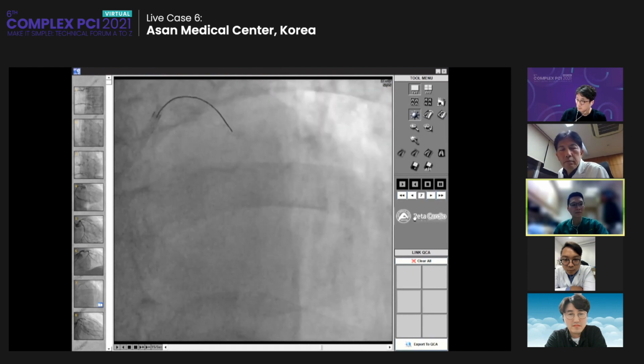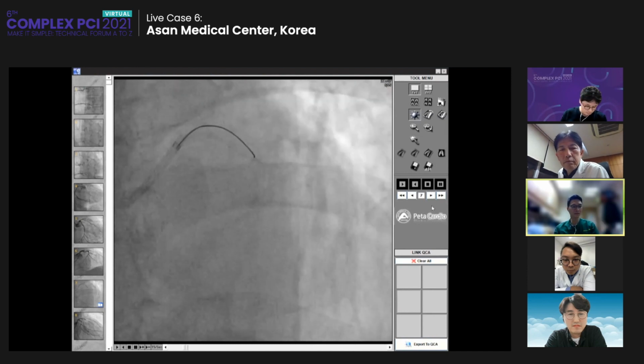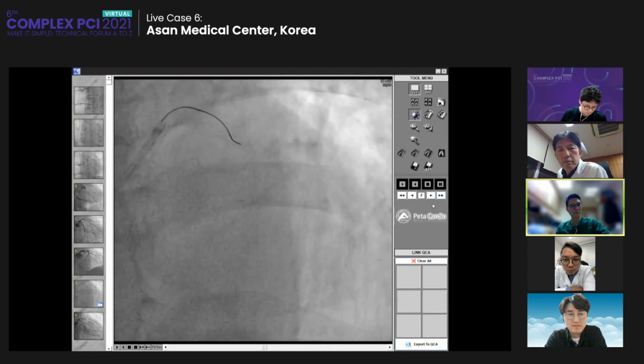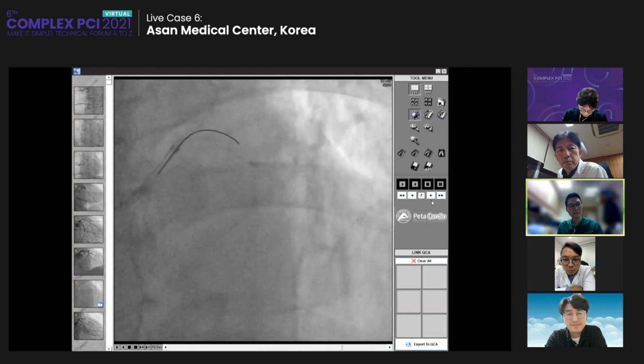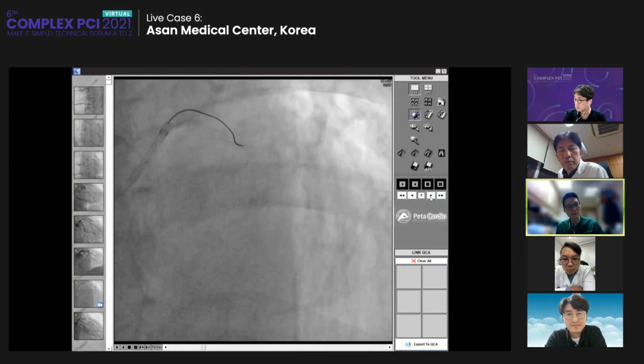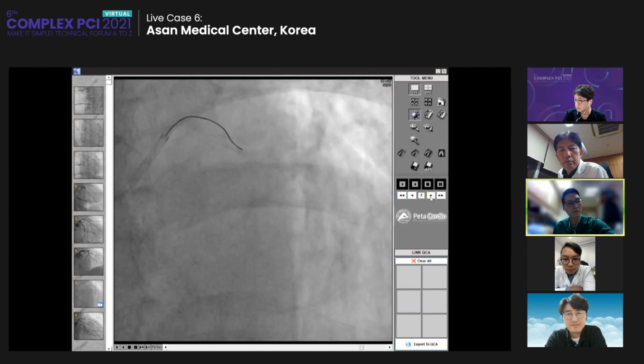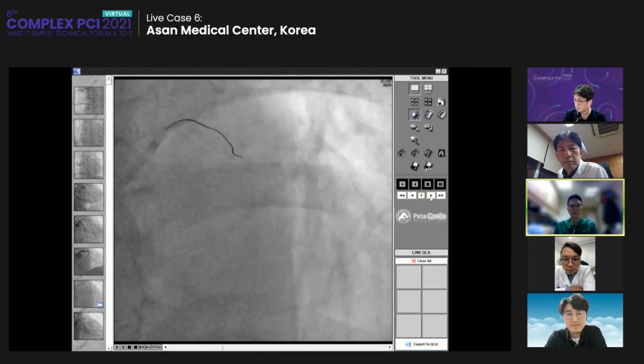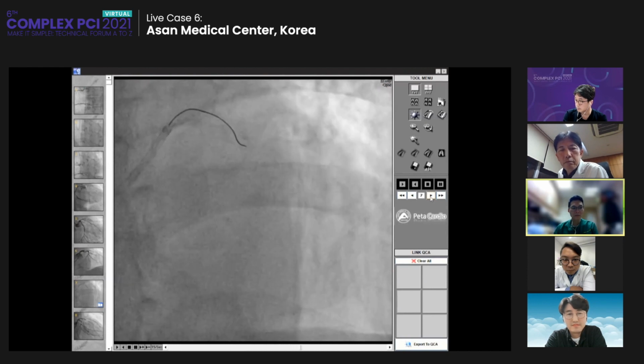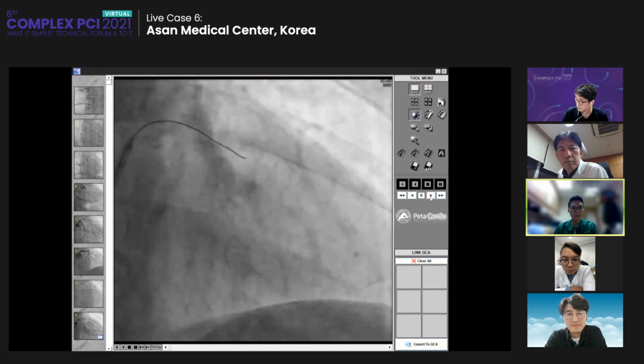So I think they just misjudged this lesion as not a CTO lesion, maybe, or simply thought that the wire would cross easily. But that's always a mistake when you deal with a CTO.